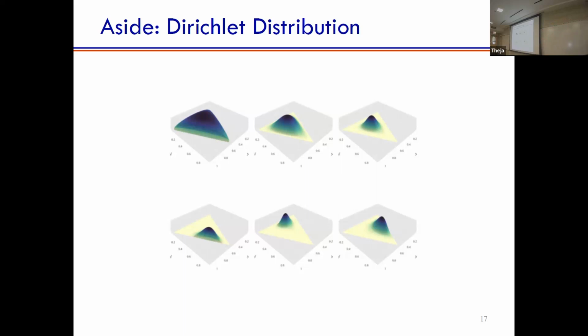So it turns out all the points on this triangle actually correspond to a probability mass function. Every point there is a probability mass function. If you sample from the Dirichlet distribution, you actually get a probability mass function. Is that clear, or any questions?